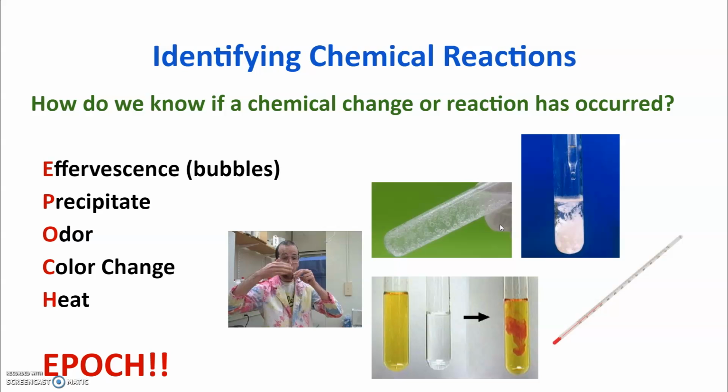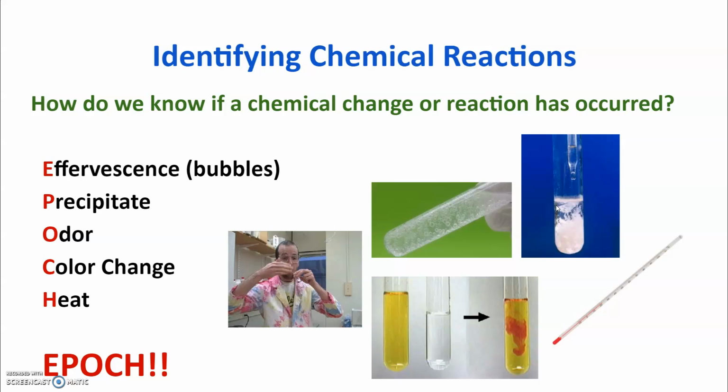We also will be looking for precipitate. Precipitate is when a solid forms inside of two solutions, and that looks like this with the blue background. You can see all the little solid particles forming in that liquid solution.